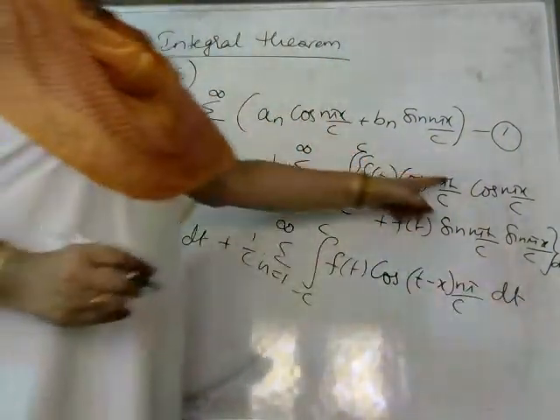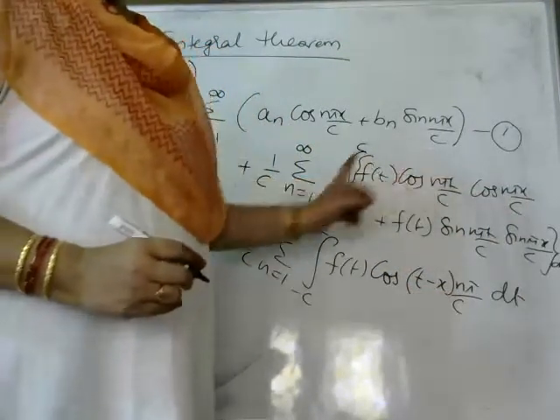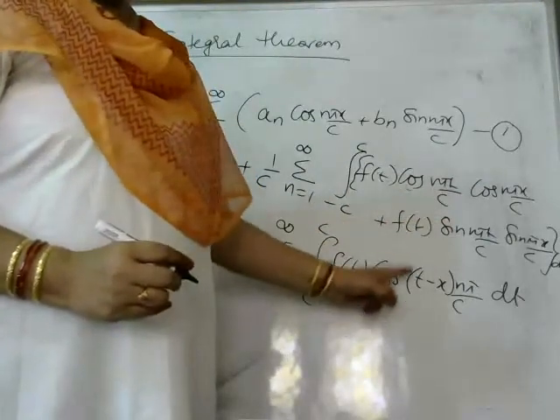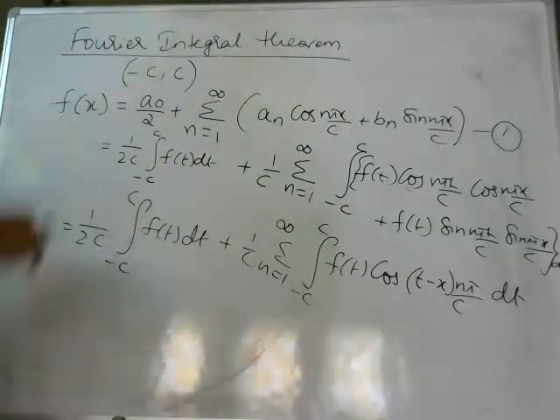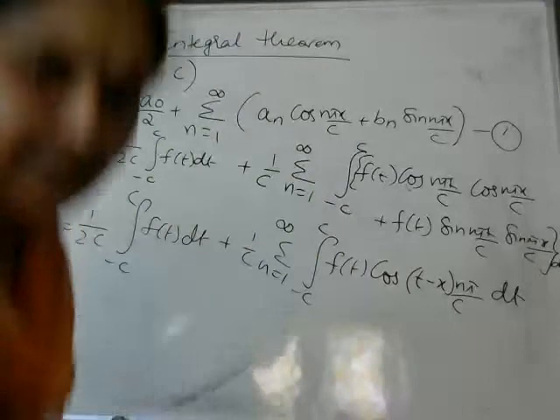Here we have t, here we have x, with n pi by c common. So cos A cos B plus sin A sin B can be written as cos A minus B. Now, if you complete this, I will continue with the next step. Write down this part first.